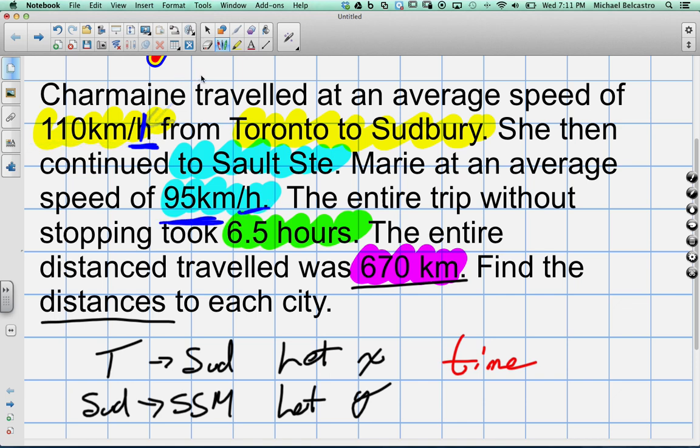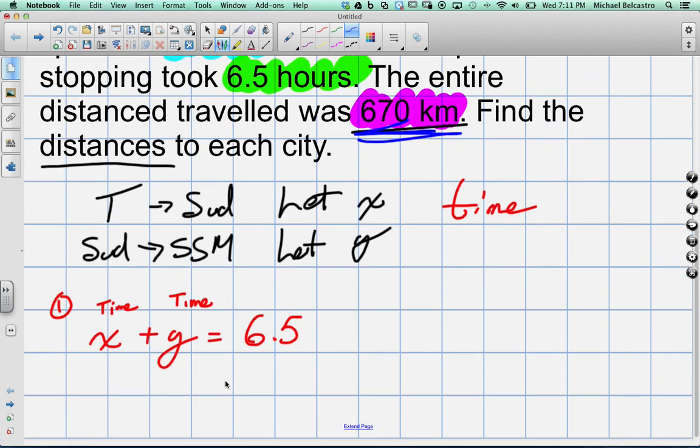If I take those two times, say I travel for an hour at this and an hour at that, that'll tell me a total distance traveled. For instance, in 1 hour of this trip, I would have traveled 110 kilometers, and in another hour, another 95. Together, it would be 205 kilometers. But we know actually the total trip is 670. So this is going to equal 670.